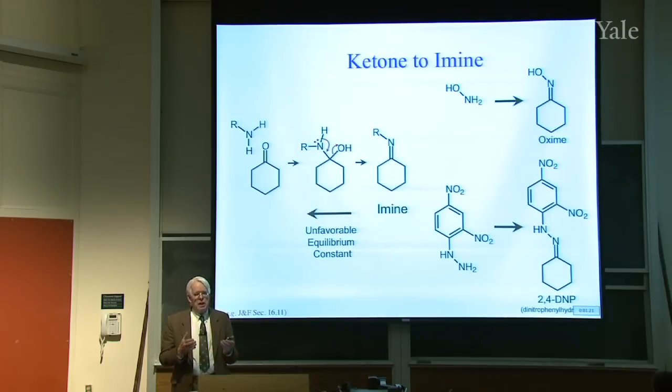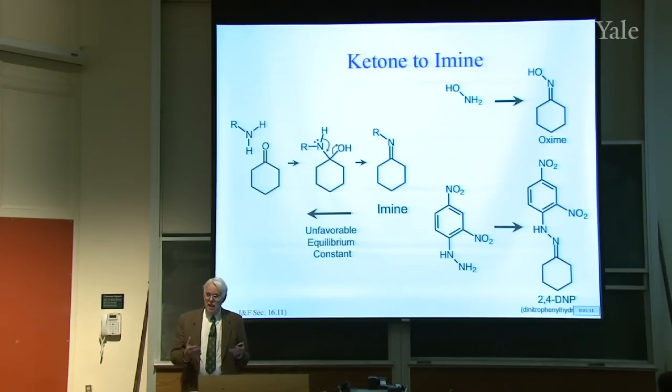And these things were really important before NMR came along and IR to allow you to characterize compounds, because you had these ketone liquids typically that were very difficult to deal with.